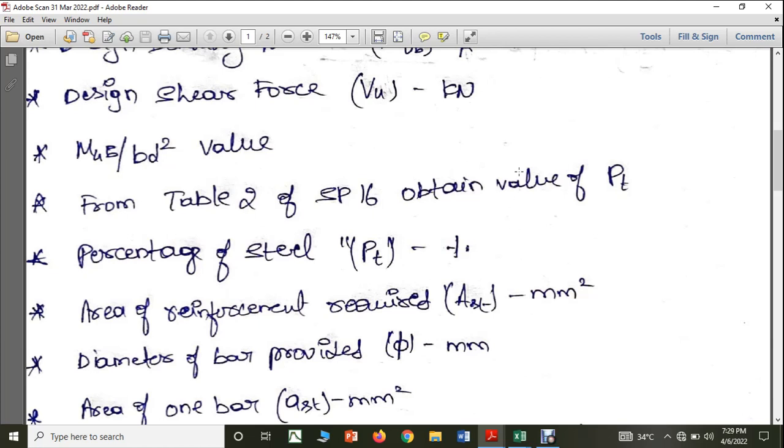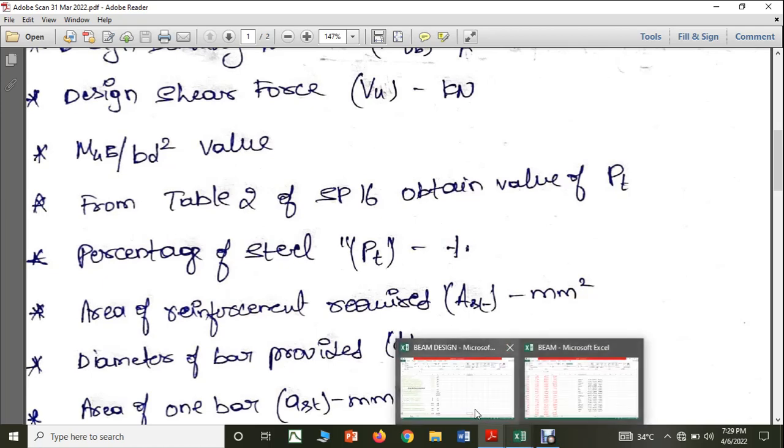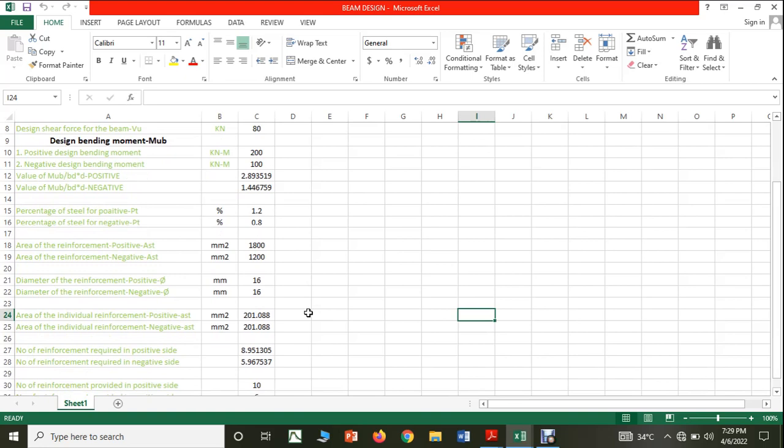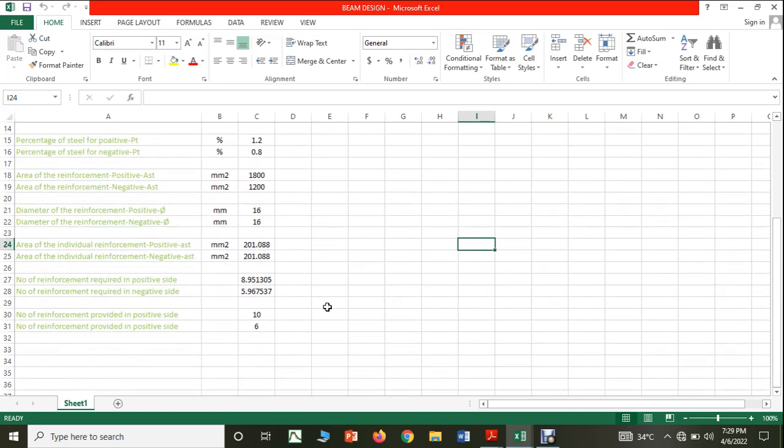In the previous session we were developing the Excel sheet for the design of our beams. Now we have designed up to obtaining the tensile reinforcement, both for the positive as well as for the negative side.